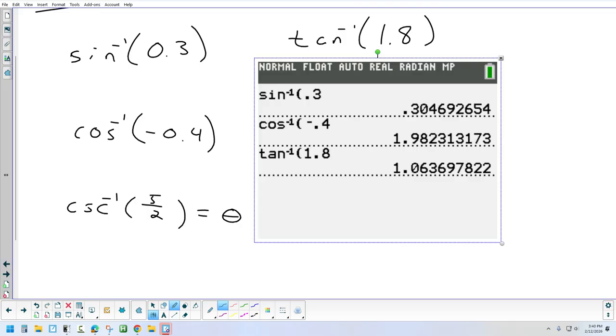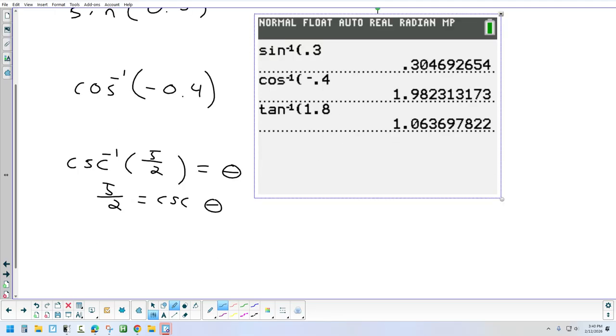So let's temporarily not think about it as inverse trig. How could you get rid of inverse cosecant? Take the cosecant. If you take the cosecant of what's on the left, what do you get? 5 halves. Now take the cosecant of what's on the right. We still don't know theta, that is the goal.